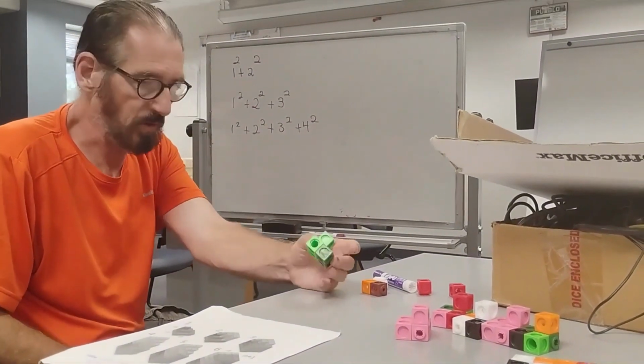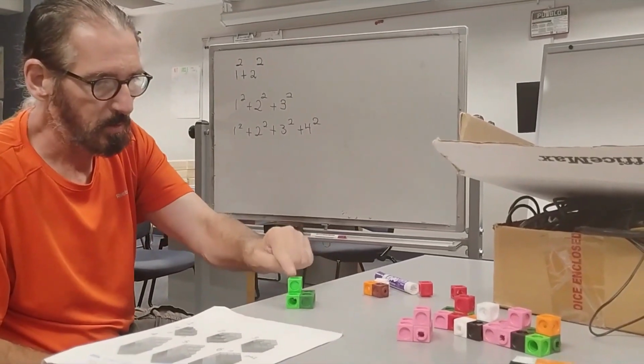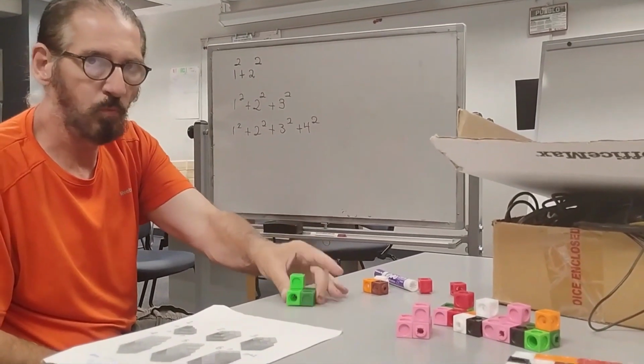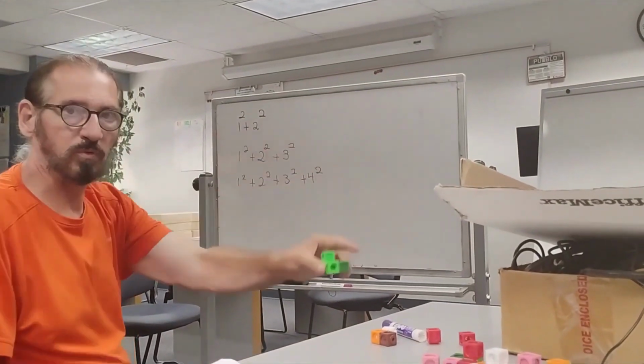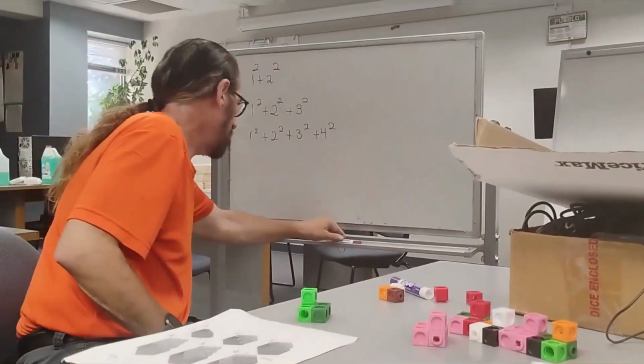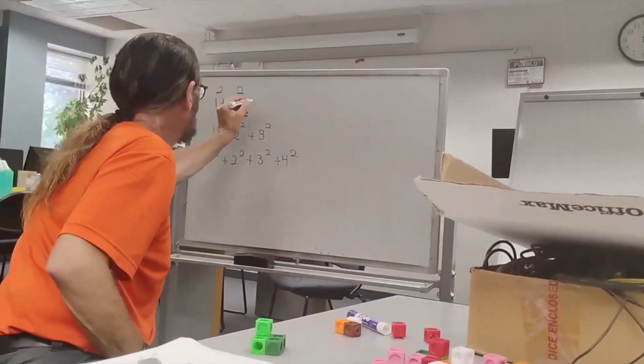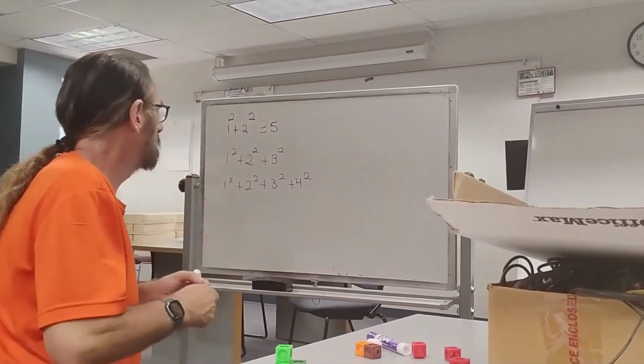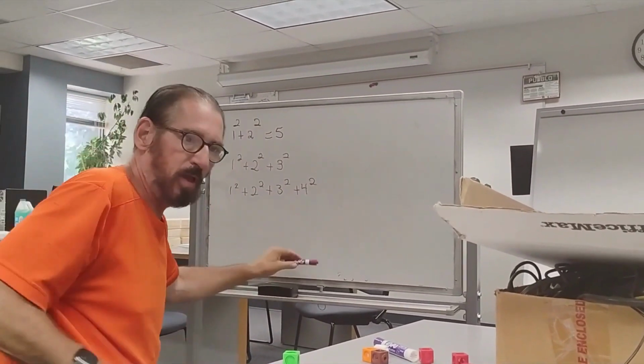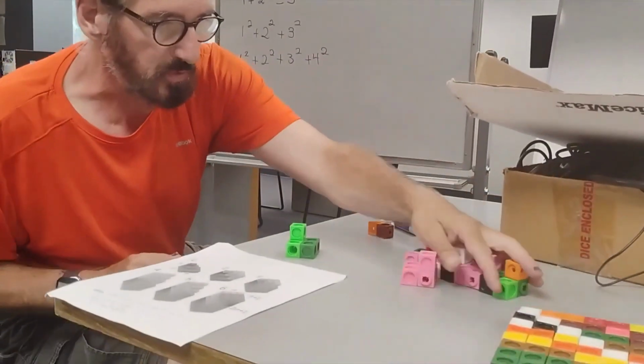So, now we're back to talking about volume. This one we've got 1 plus 4, or 1 squared plus 2 squared, for a total volume of 5. But we also have a total of 6 copies of that.